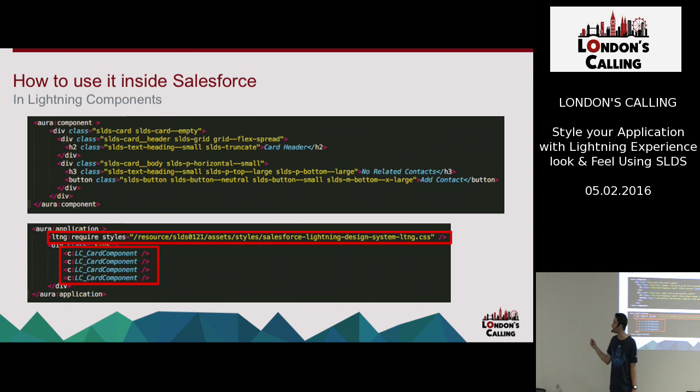You can create attributes and put them in as parameters of the component, so that you create the component only one time, and then you can reuse it easily later. So that's really interesting to do with Lightning components.